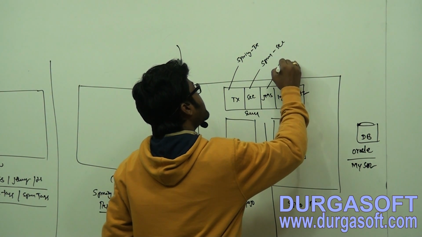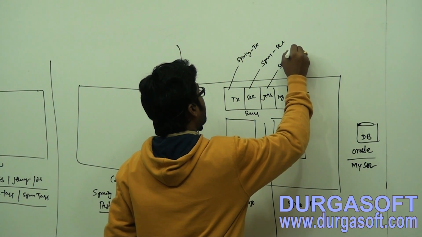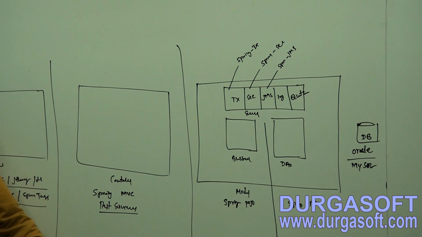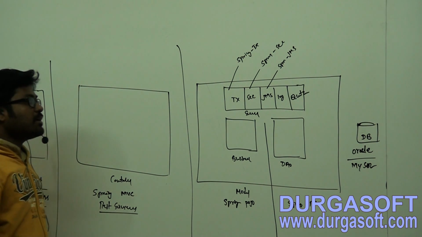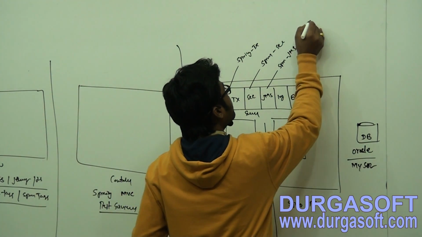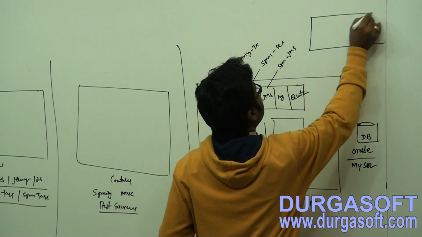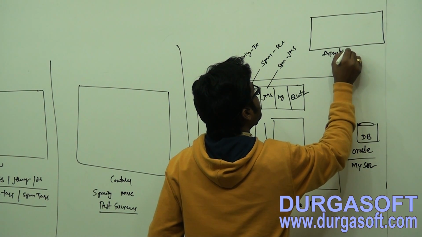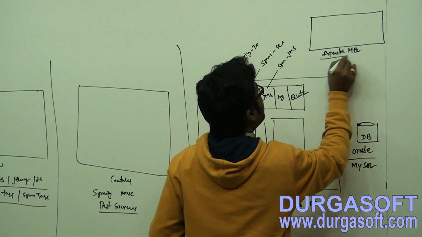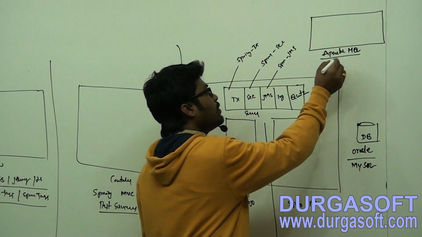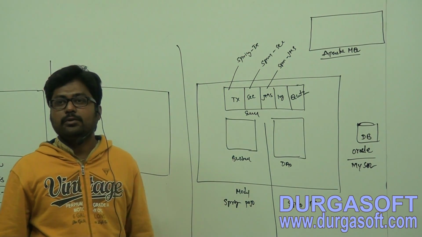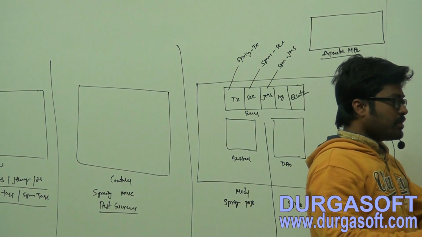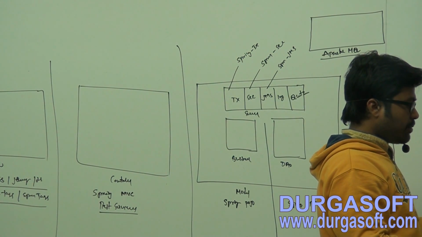For JMS, Spring JMS we have, but where I need to store those JMS queues or topics, you need to have a server. So for this JMS, I want to use a server. We have Apache MQ message queues software. That application I want to use, Apache MQ message queues. So this JMS you need to integrate with Apache MQ. I have the Apache MQ software here.